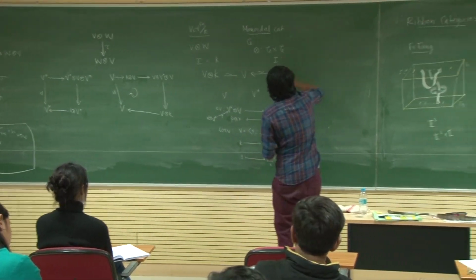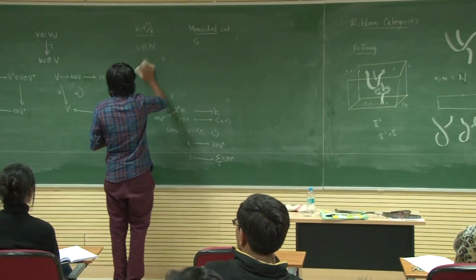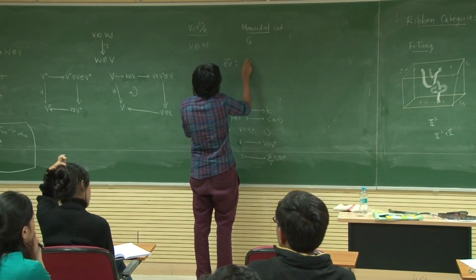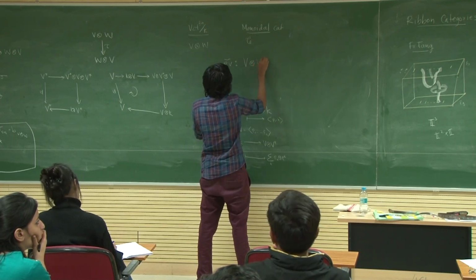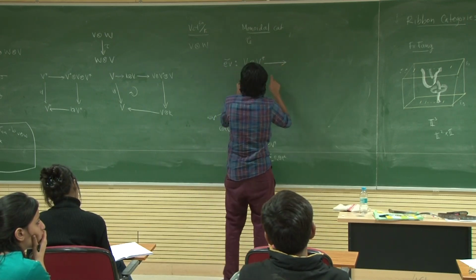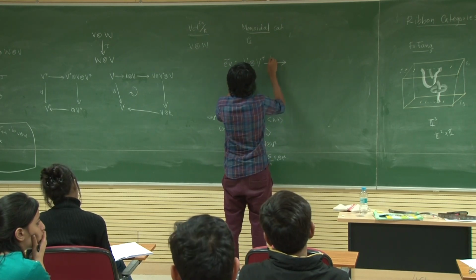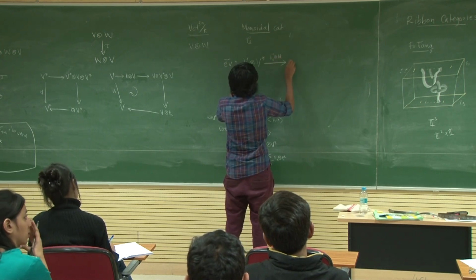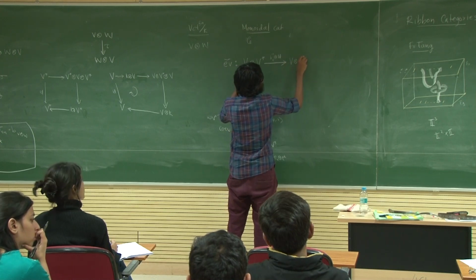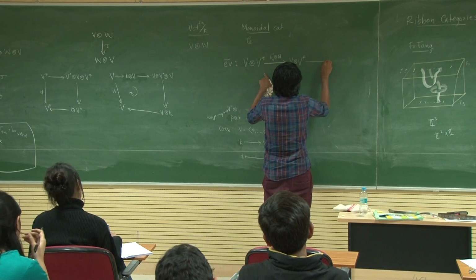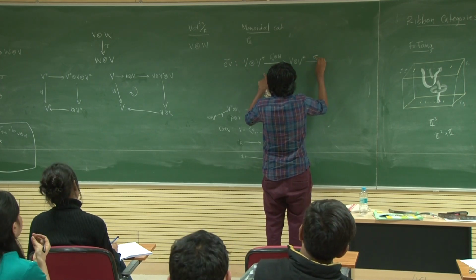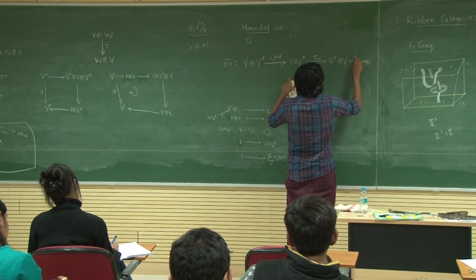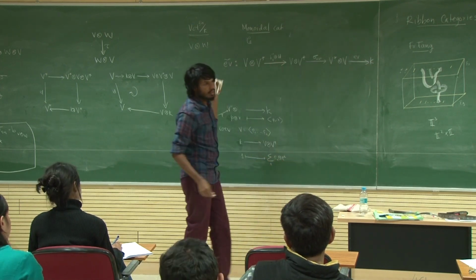So in a ribbon category, we have a better notion of the trace. That basically means I have a better idea of a right dual, which is given by this map. I'll start with V tensor V dual, and then I'll apply this ribbon morphism on V. For some technical reasons, I'll apply the inverse of this and identity on this, and then I'll reach V dual, and then we will flip it using the braid map, and then you will reach V star tensor V, and then you apply your usual evaluation to K, and similarly with the co-evaluation.